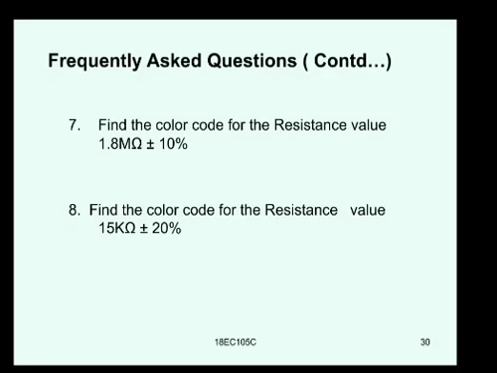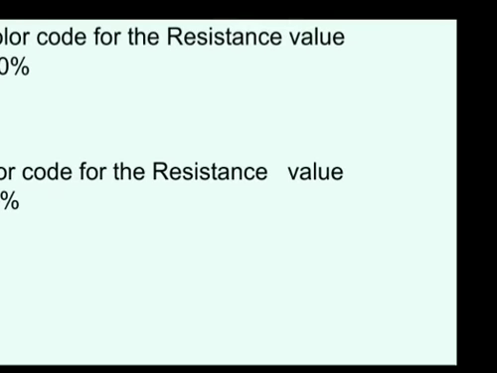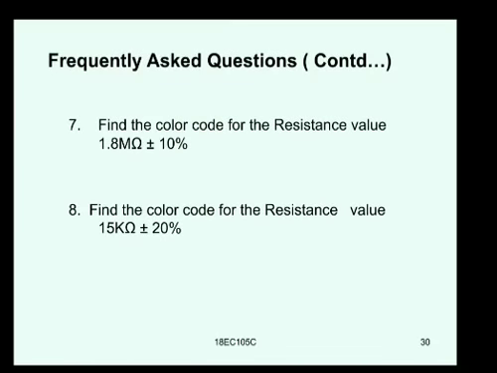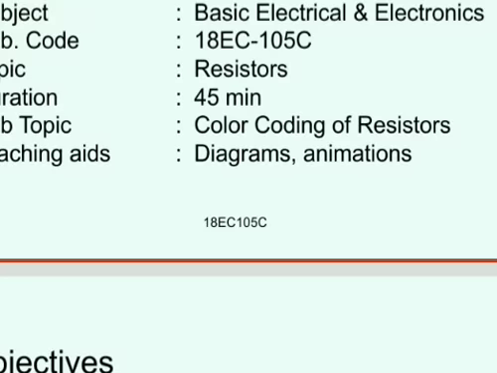Find the color code for the resistance value 15 kilo ohms and 20% tolerance. Now this is the color coding method, and we have learned how to compute the values of this. Thank you very much for having patience in taking this lesson.